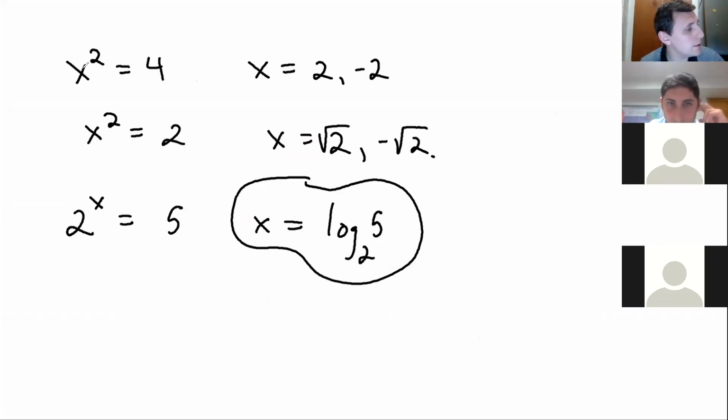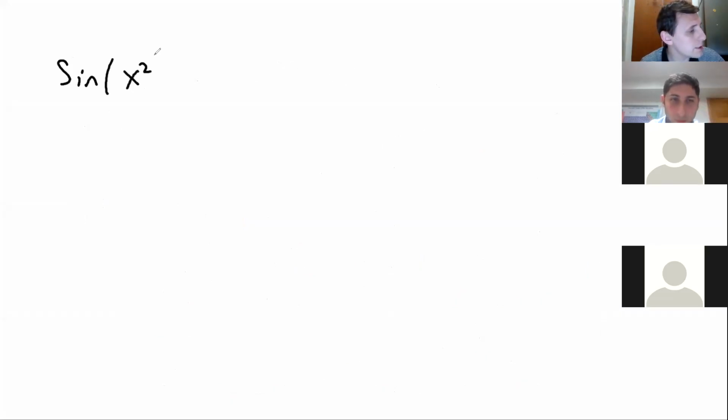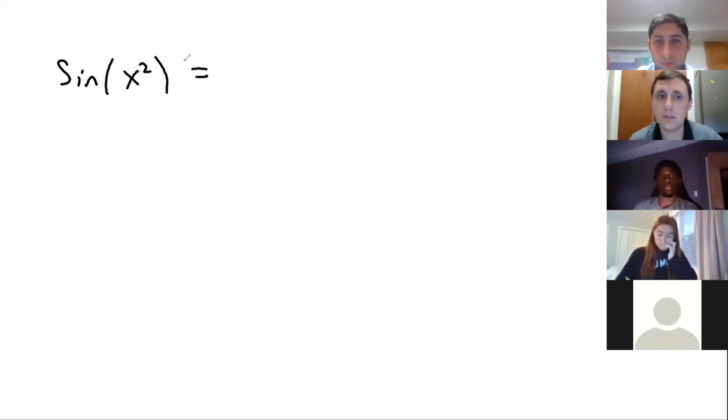If sine is digesting x squared, do you know what's the actual operation that comes out?